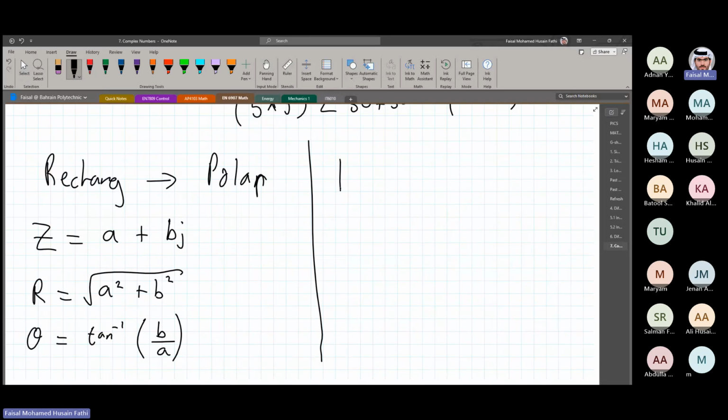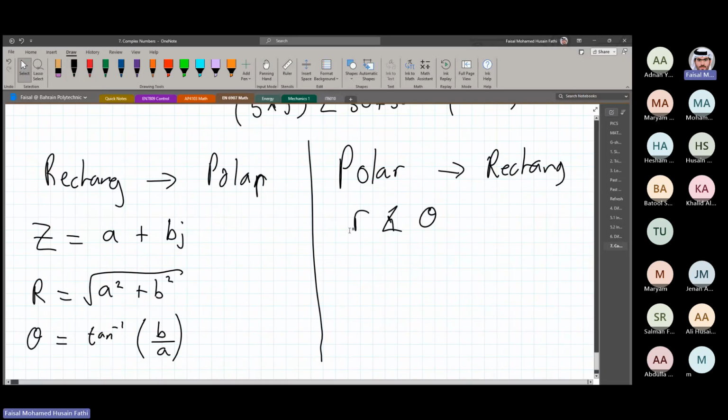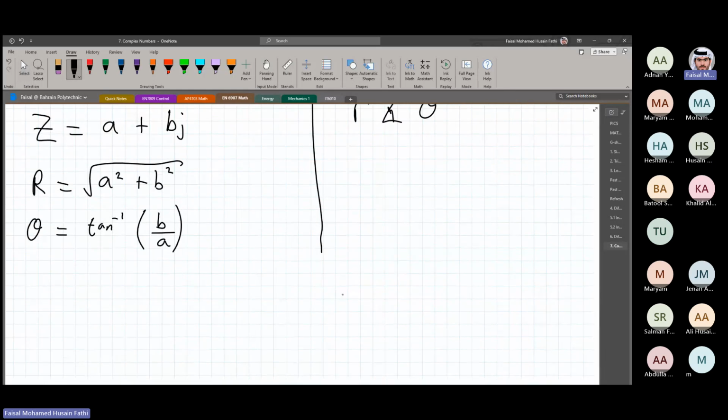What do we want to convert from polar to rectangular? So you're given R is equal to a value. We have R, which we'll just call R by itself. Magnitude R, angle theta. Let's look at it graphically before we solve it.